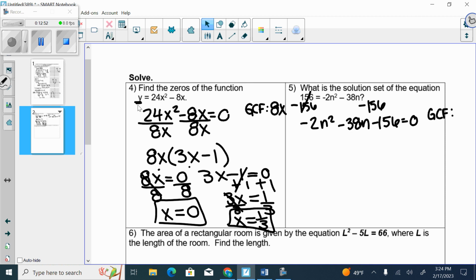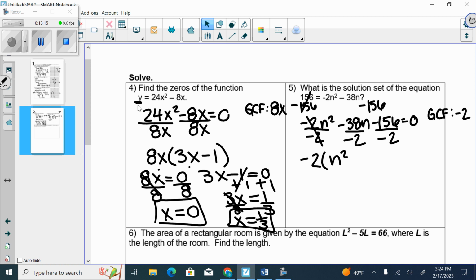Okay, so what's the biggest thing that goes into negative 2, negative 38, and negative 156? Negative 2, right? Okay, so I'm going to pull out a negative 2. I'm dividing everything by negative 2. Okay, so I've got negative 2 n squared.